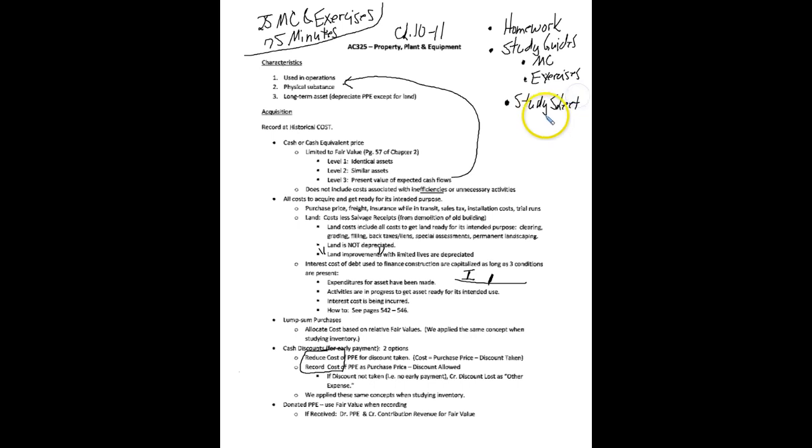Either you mark up your book really well and have it tagged in case you need to quickly look something up, but really that's probably going to be too time consuming for this test. I really would suggest that you just create a study sheet for yourself, and whether you want to use these outlines and supplement them with little notes, you're welcome to do that, of course, and just have that ready when you take the test.